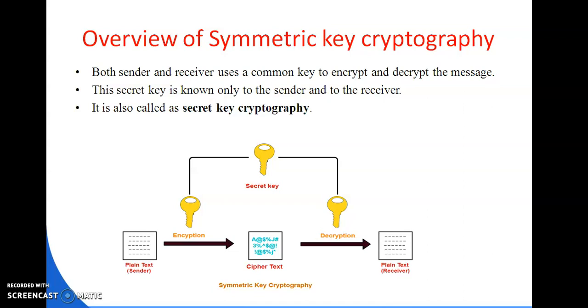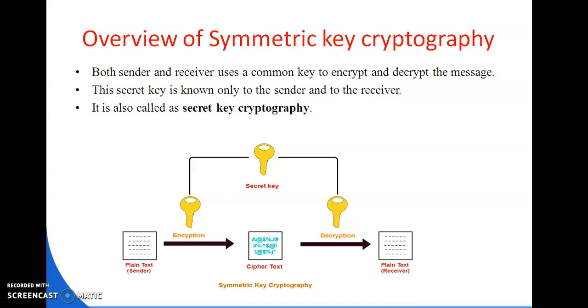Symmetric key cryptography is also known as private key cryptography. In this scheme, only one key is used, and the same key is used for both encryption and decryption of messages. Obviously, both the parties must agree upon the key before any transmission begins, and nobody else should know about it.